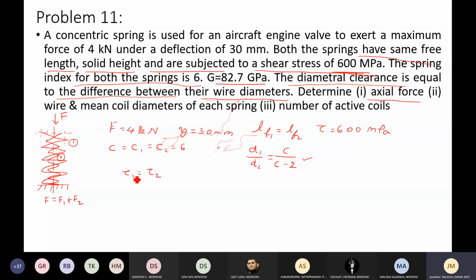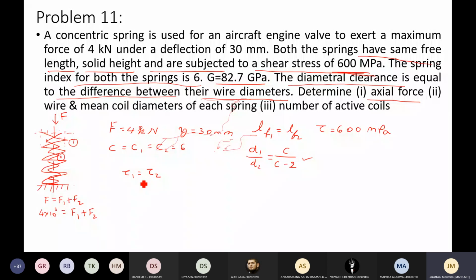Now let us write what we know. F equals F1 plus F2, the total load is 4 kilonewton. So we can write 4 into 10 raised to 3 equals F1 plus F2.